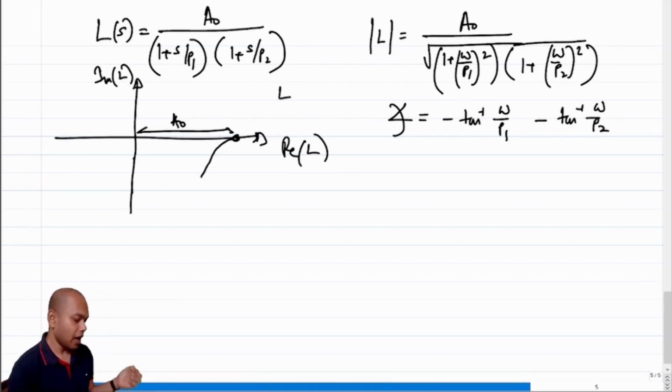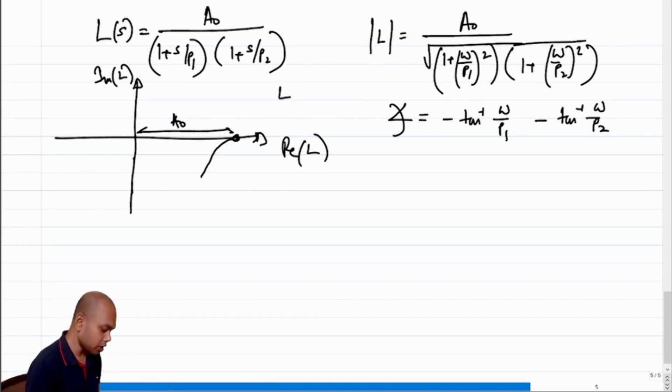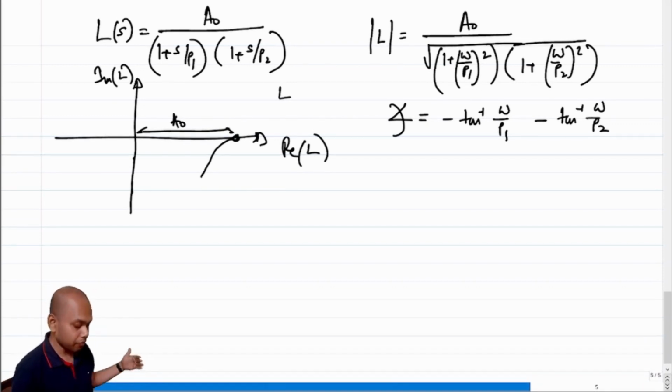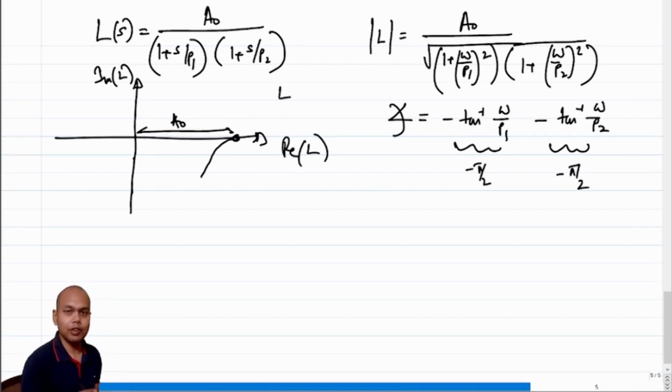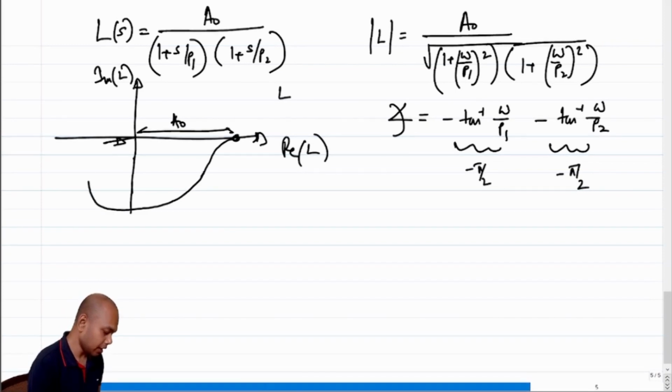But now at very high frequency, at omega equal to infinity, I know that we'll go to 0, but through what angle will I go to 0? At omega equal to infinity, you get minus pi by 2 from here, and you get another minus pi by 2 from here. So essentially you have a total phase lag of minus pi, right? So you will reach 0 from the third quadrant, so this will do something like this.